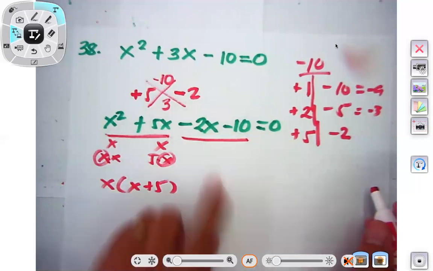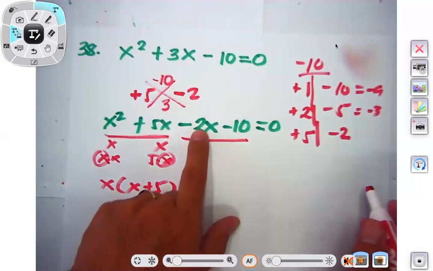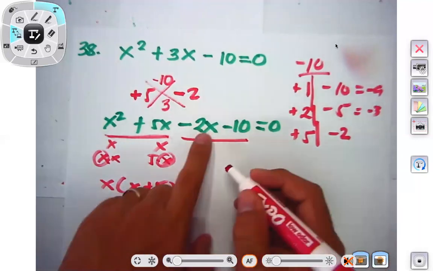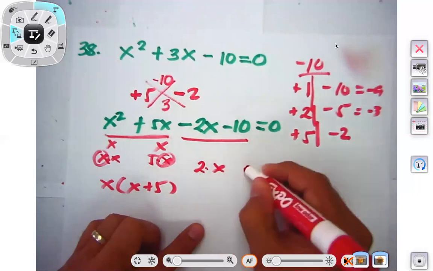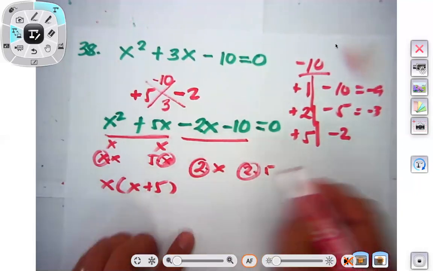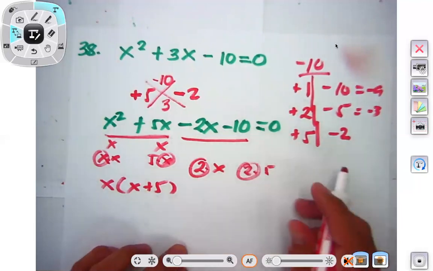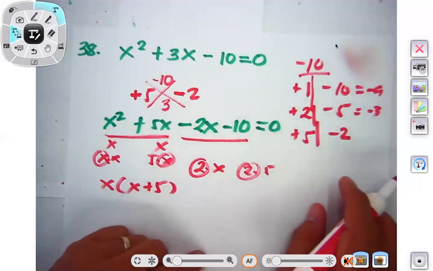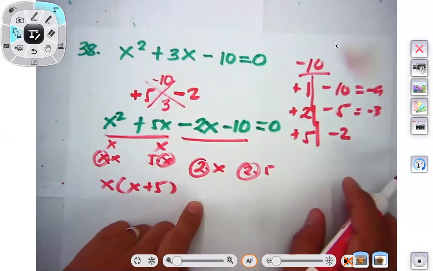And then you have to factor out the second group. If you factor 2x and 10, you have 2 and 5. So 2 is common. Do we use plus 2 or minus 2? This is the mistake that I've seen in your homework. You've put 2 here instead of negative 2. Why negative 2?